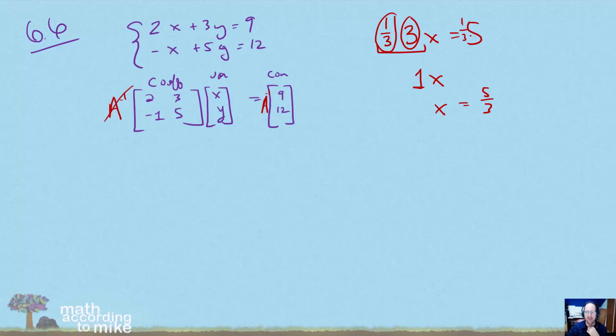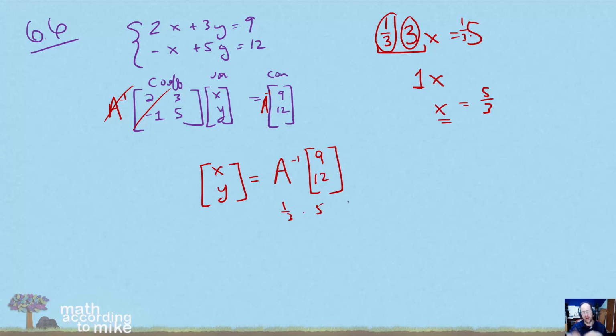So by design, these two would just cancel out, which means your variables, x, y, just like how we had x here, would be equal to the inverse of the coefficients times the constants, 9, 12. Just like here, we had 1/3 times 5, which we can call 5/3. So that is how you solve a system using a matrix inverse: inverse of the coefficients times the constants.